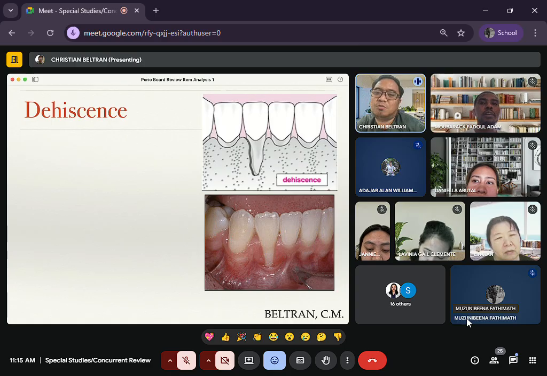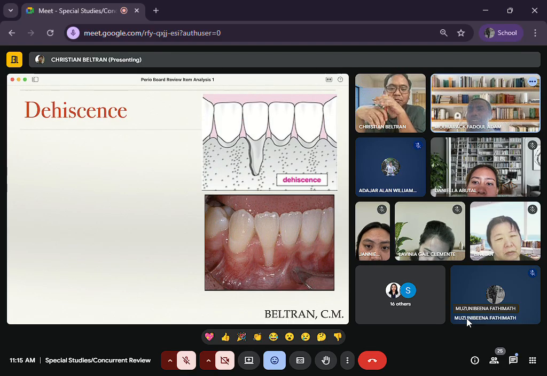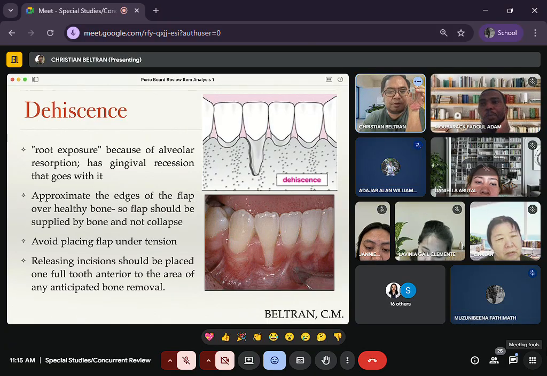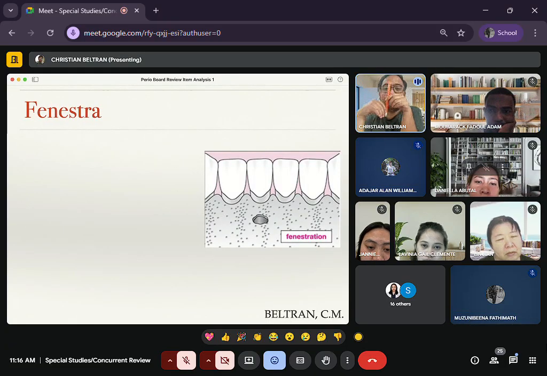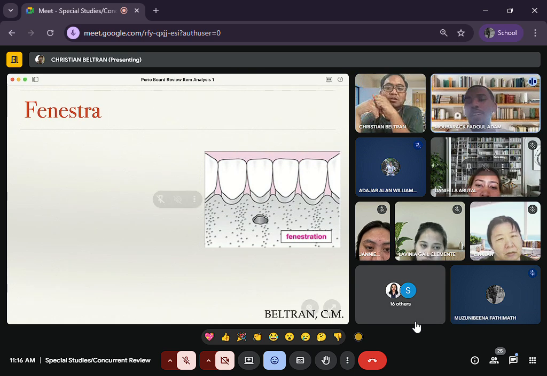What type of tooth movement? Not translation, what's the word? So if you perform bodily movement of the tooth, right? Yes, you would have fenestration.